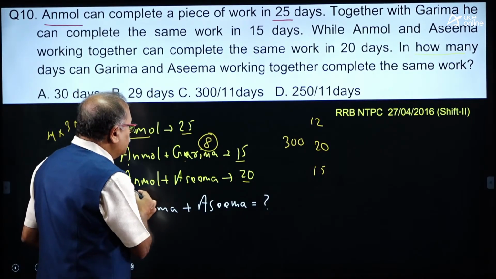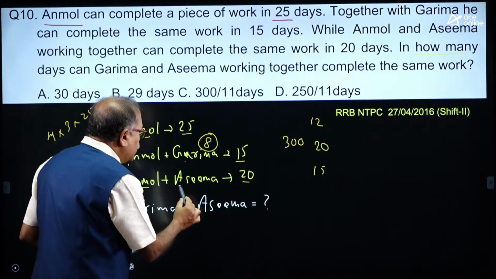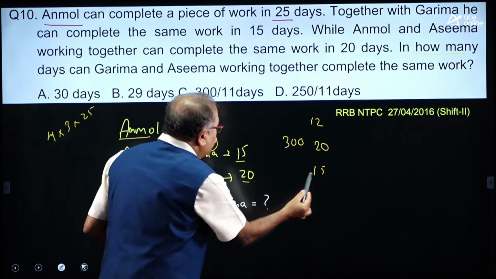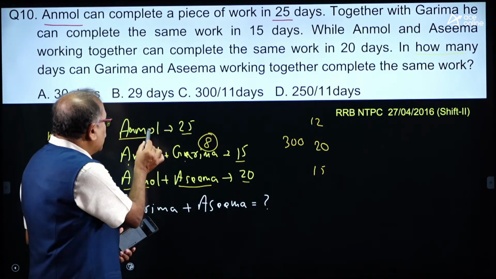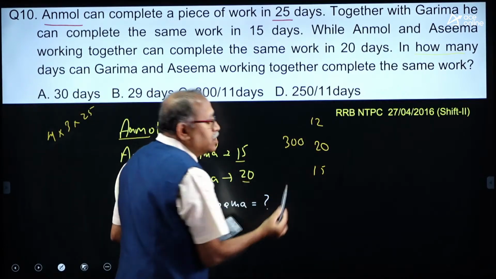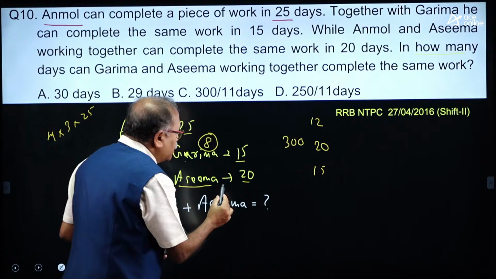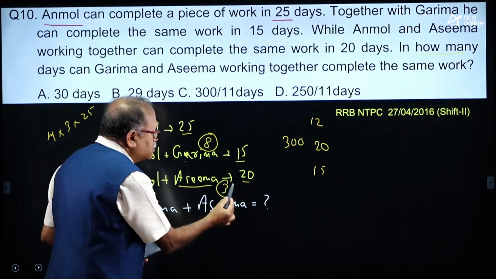Coming over here, Anmol and Asima, how many units? 15 units, and I know Anmol is 12 units. Asima alone is 15 minus 12, that is 3 units.